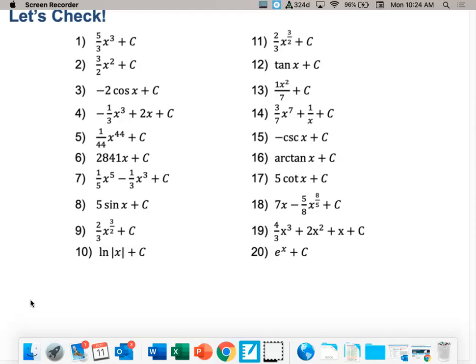Okay, 10 I got. 16, 10, 19, 8, 13, 16, 17, 19, but we're going to be going over a lot of them.